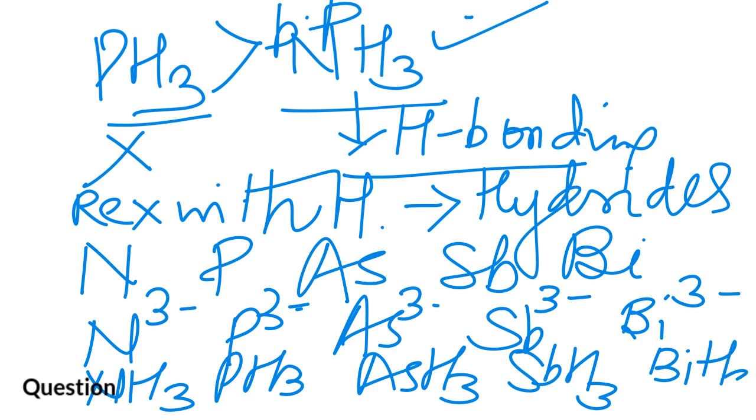So these are the hydrides formed by the nitrogen family. So I think you have understood this. You are noting down in the notes copy, isn't it?